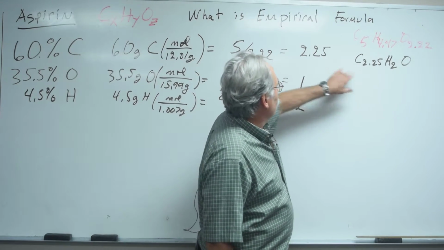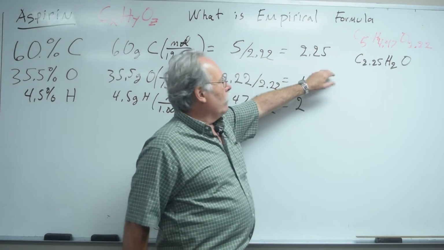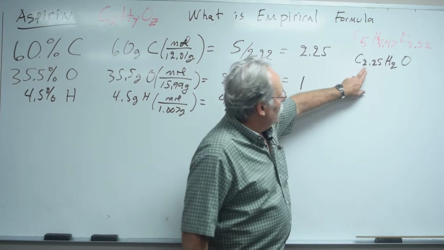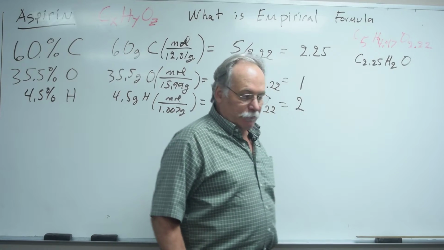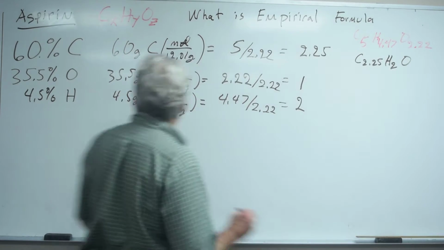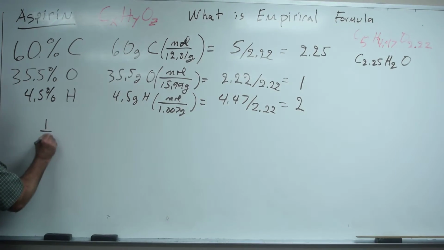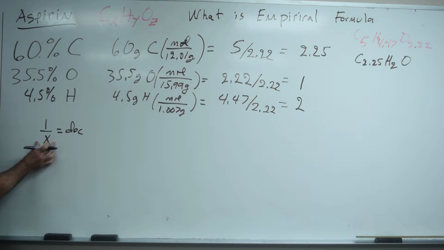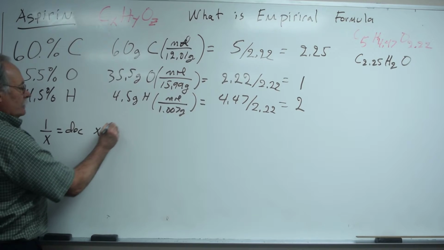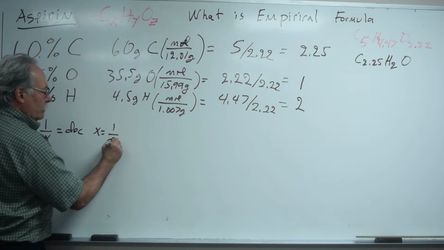Now, how can I convert these to integers? Well, one way is that every one of these numbers will be an integer and a decimal. Decimals are fractions, so I could say 1 over x is the decimal. So what is x? x is 1 over the decimal.